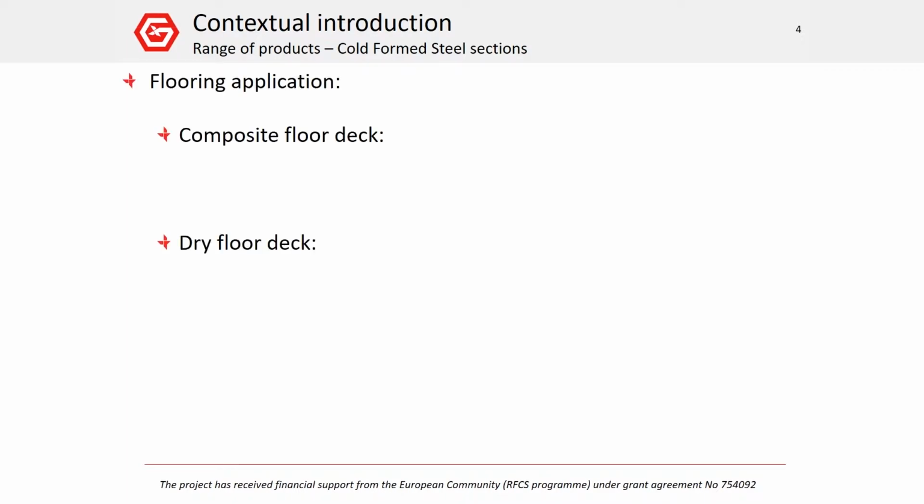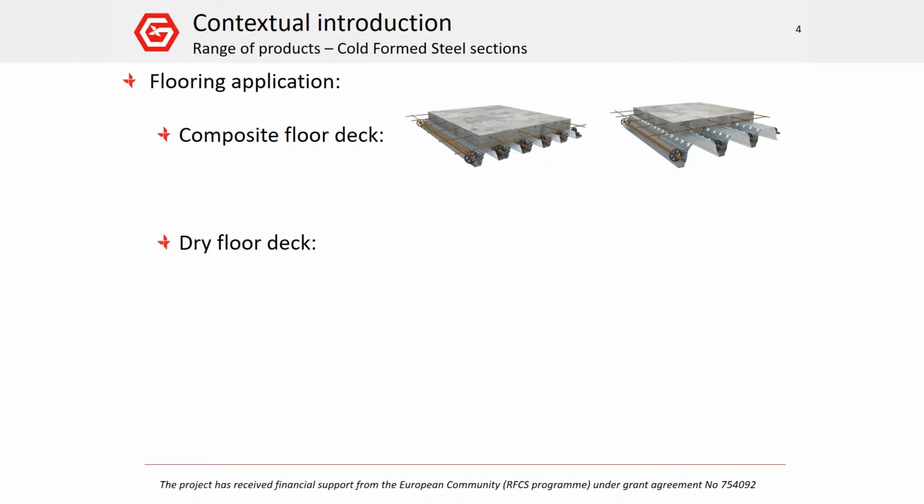These products can be used for several types of floor. In the case of floors with concrete, the deck can be used as formwork or reinforcement participating in the resistance thanks to specific geometric characteristics. We also find cold-form profiles for the realization of dry floors, for which lightness is the main asset.